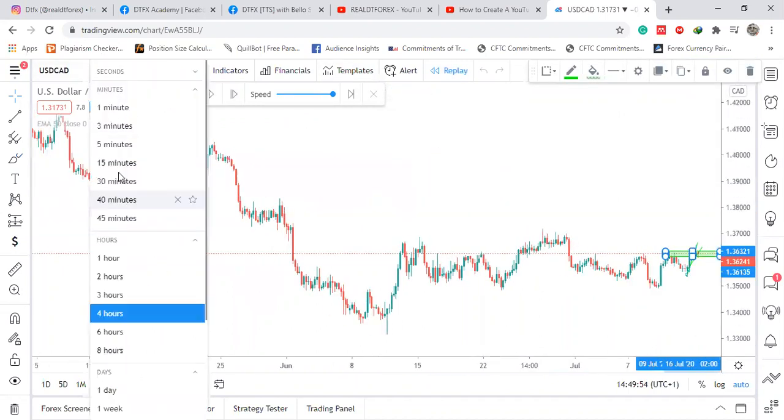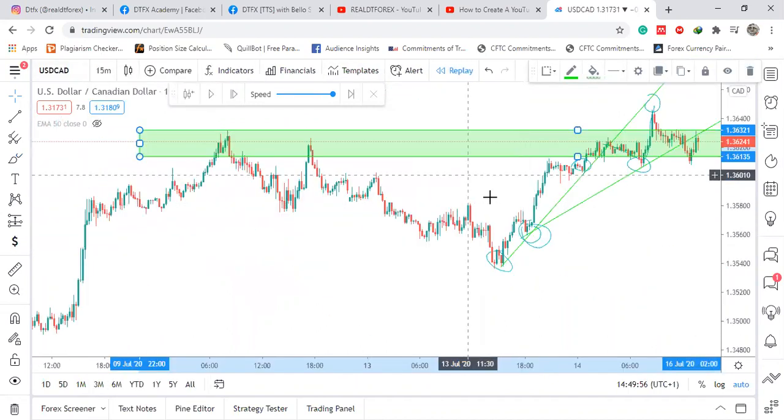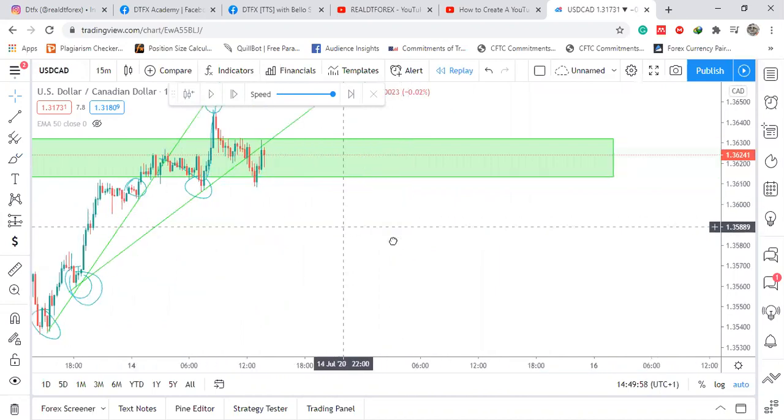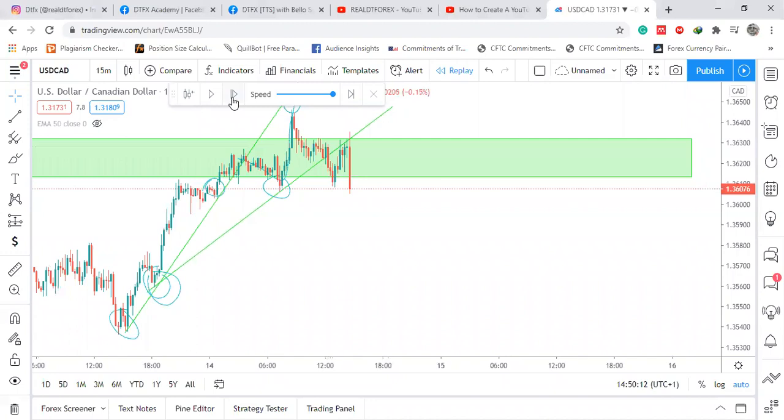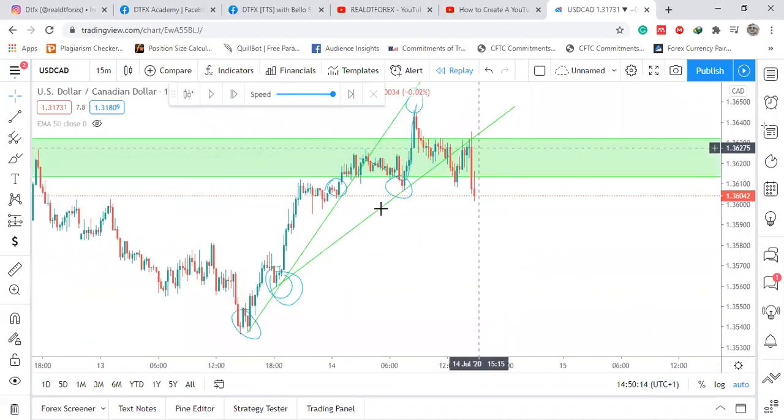I'll go back to my 15 minutes. Okay, if I play this, you want to see, yes. Now you can see first touch, second touch, and this third touch rejected it.